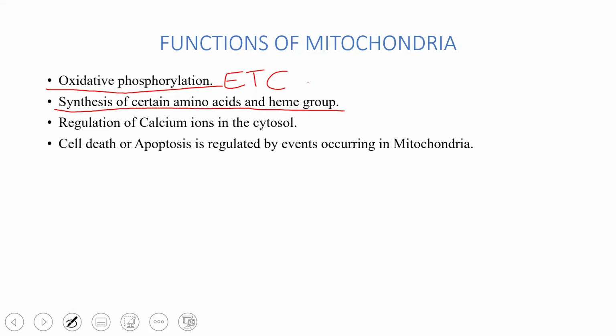Mitochondria also plays a role in the regulation of calcium ions in the cytosol, and it is involved in cell death or apoptosis. So apoptosis is triggered by the release of certain enzymes by the mitochondria. We are going to discuss the electron transport chain and all these functions in metabolism when we deal with cell metabolism. Here in this lecture, we are just going to deal with mitochondria, its membranes, its basic structure and its functions.